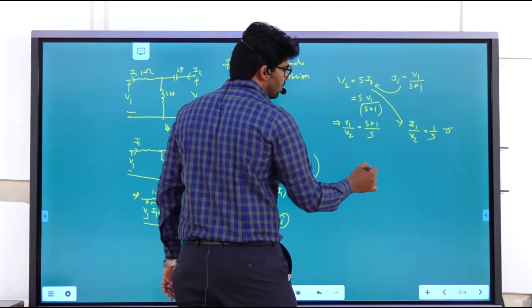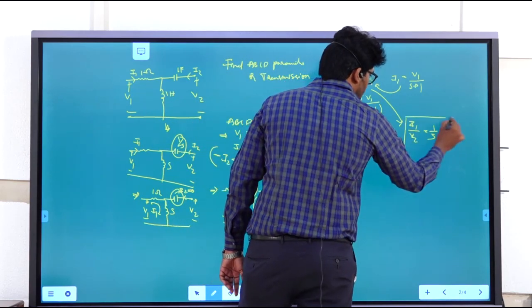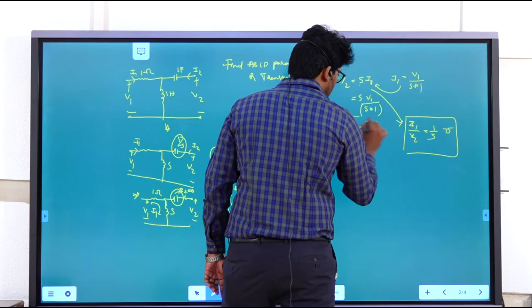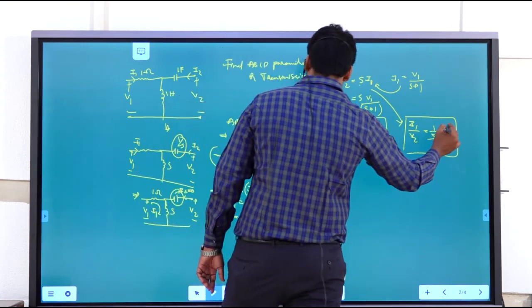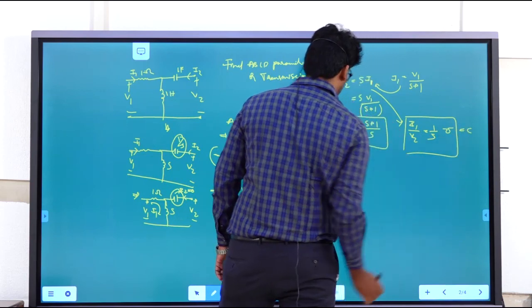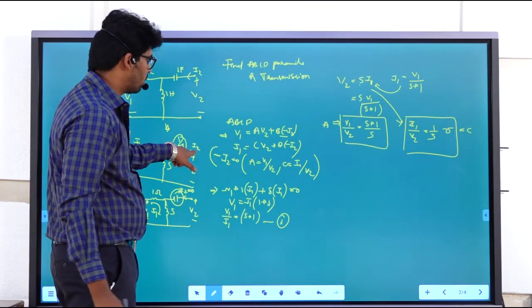So these are the two parameters. This is parameter A and this is parameter C. We obtained them by making I2 equal to 0.